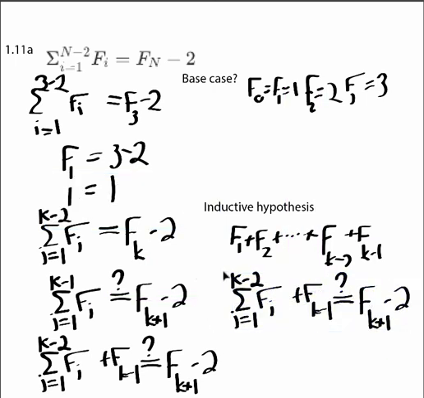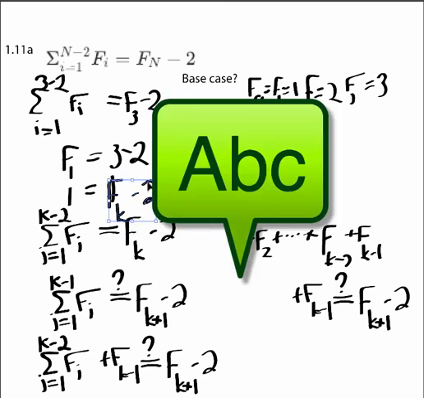And so this stuff here, I'm going to replace now with the right-hand side of the inductive hypothesis. So I'll just go ahead and grab that, put it down there, and plug it in like that.